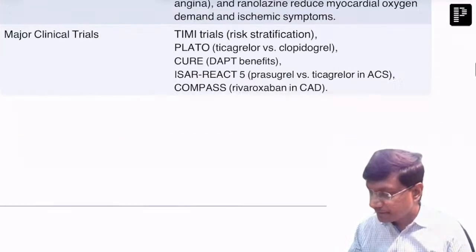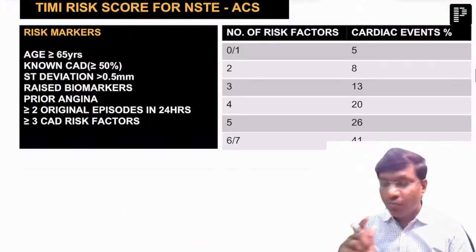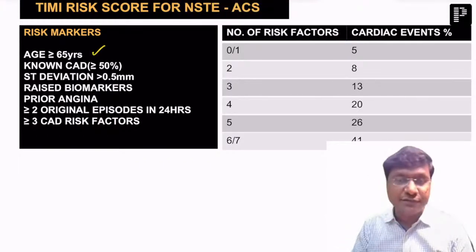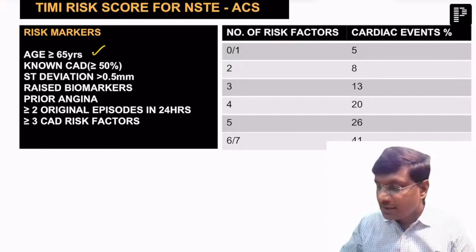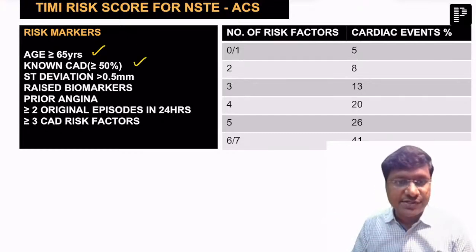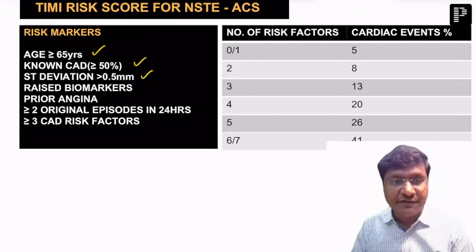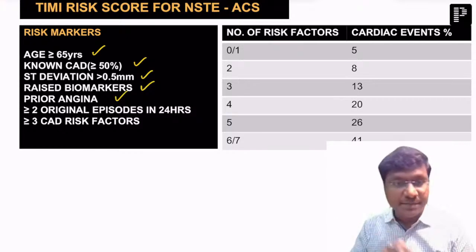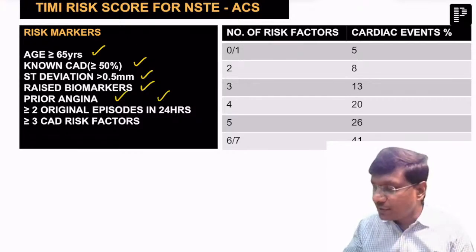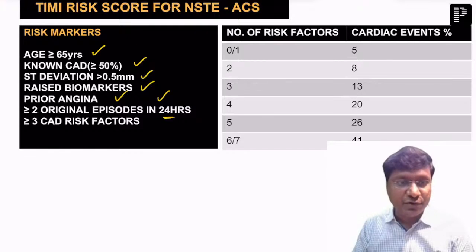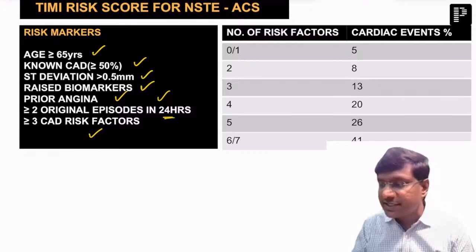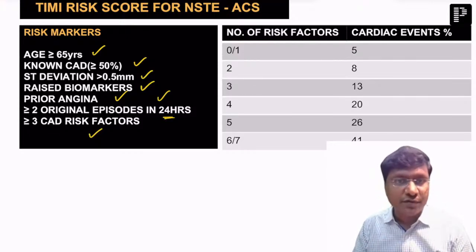If you see this, the variables in the TIMI scoring system include the age of the individual more than or equal to 65 years, known case of coronary artery disease, ST segment deviation more than 0.5 mm, that is ST segment depression, raised cardiac biomarkers, presence of prior angina, right, more than or equal to 2 angina episodes in 24 hours, and more than or equal to 3 coronary artery disease risk factors. These are all the risk markers in the TIMI risk score for NSTEMI.